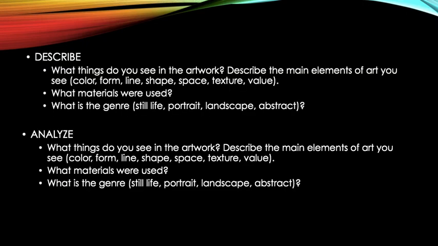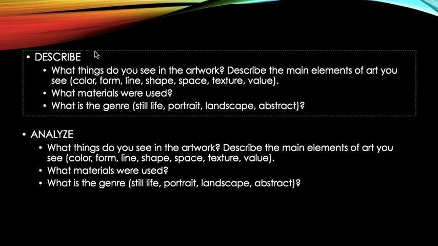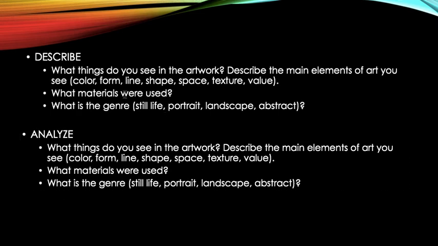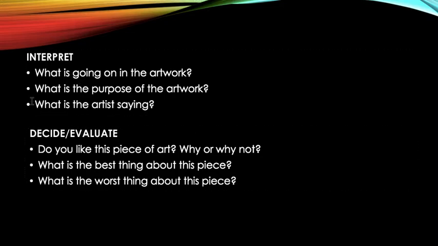So here's the questions, and you would answer all these questions about one of the artworks. So you would describe and go through and answer those. Analyze, go through and answer those. Interpret, go through and answer those. And decide and evaluate, go through and answer those.